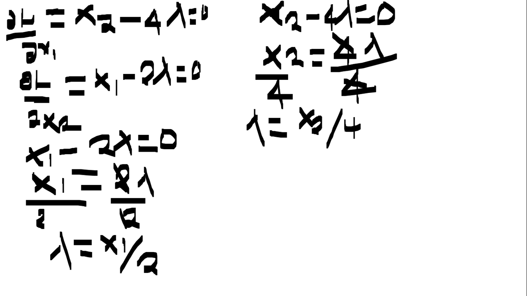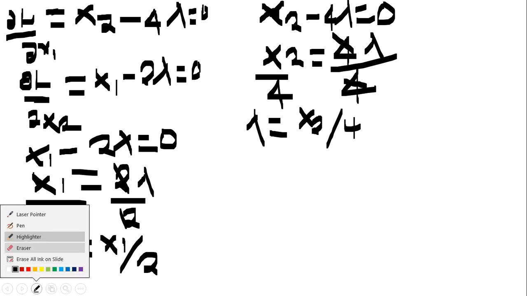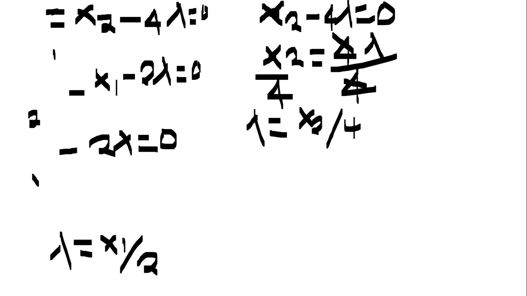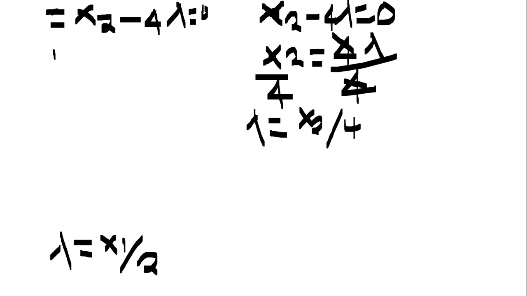So now we have lambda 1, and we also have the other lambda, meaning that we can equate these two to each other, and then solve for x1 and x2.